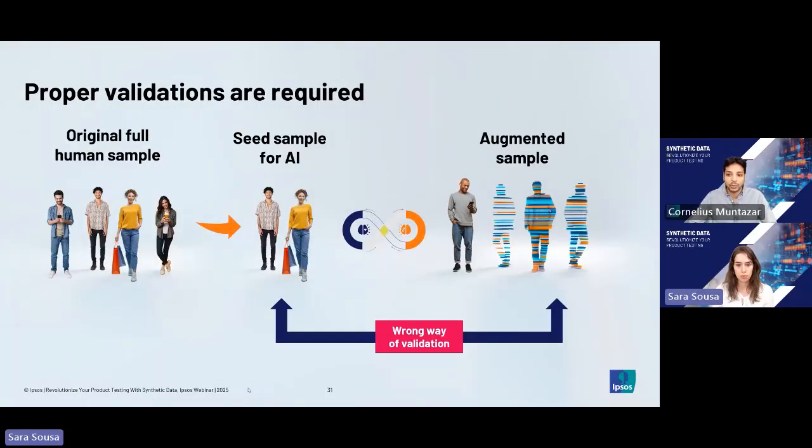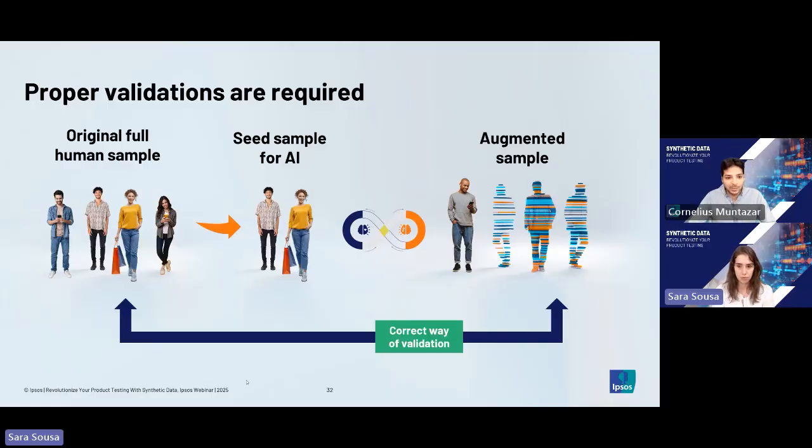Our goal here wasn't to compare the seed sample to the augmented sample, because that would really be comparing it to itself. It was to investigate whether the augmented sample could replicate the results of the original 200 sample, hopefully better than the seed sample alone.